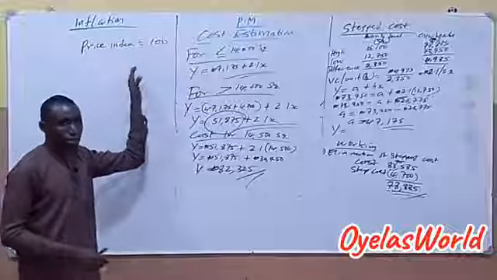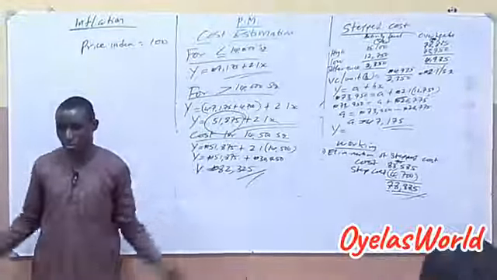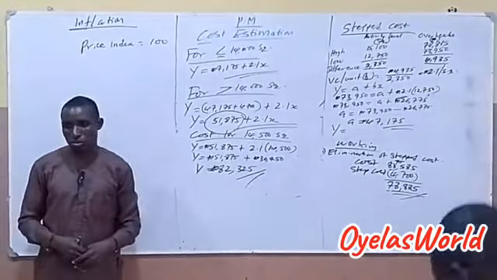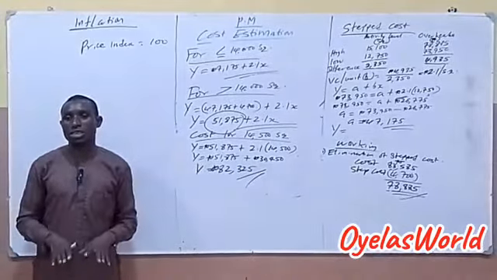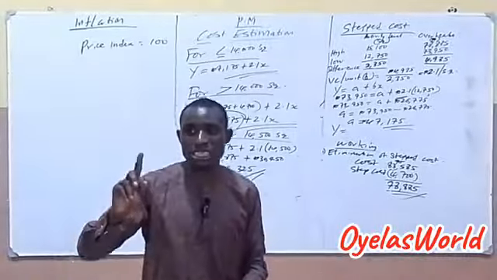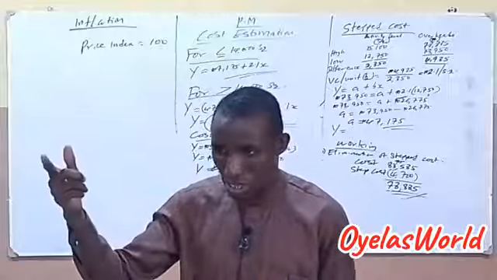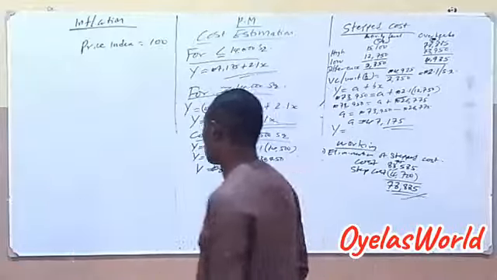So, the price index. Once your price index is 100, it's a stable economy. When it is below 100, it is a deflated economy. Once it's above 100, it is an inflated economy. Let me give an example here.